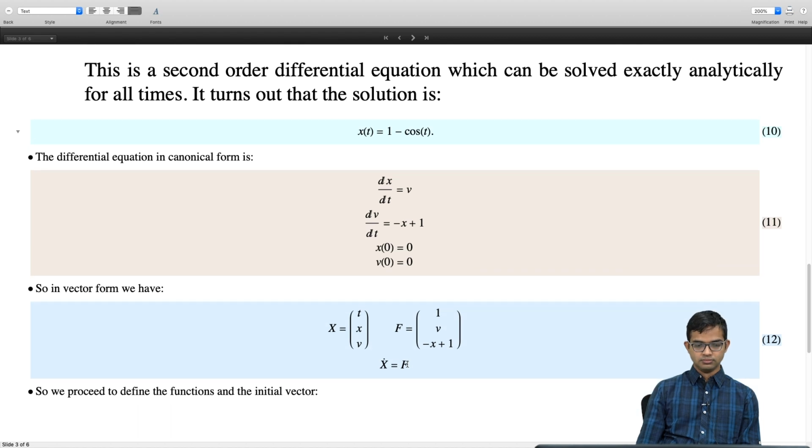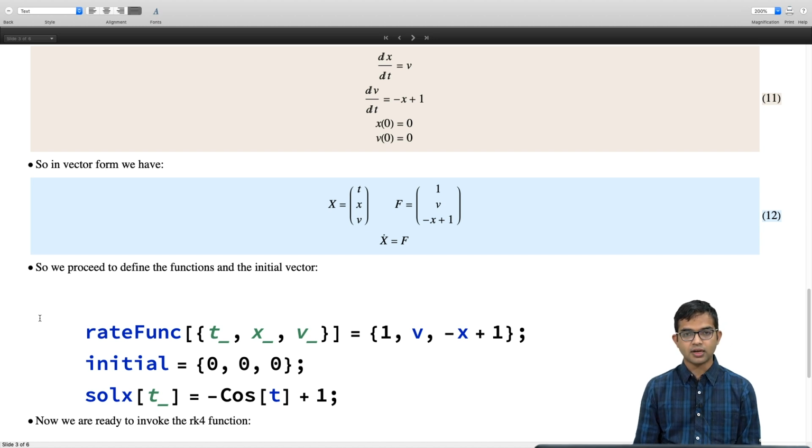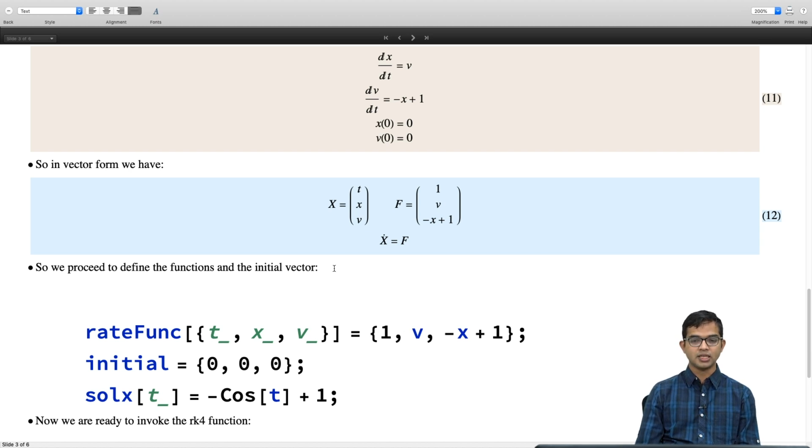So once again we will use the standard code, right? So we have defined this rate function. Rate function is a vector, and it's a vector of functions, if you wish, right? And it involves these variables t, x and v, which all have to be put in with an underscore sign because we are defining a function here, right?